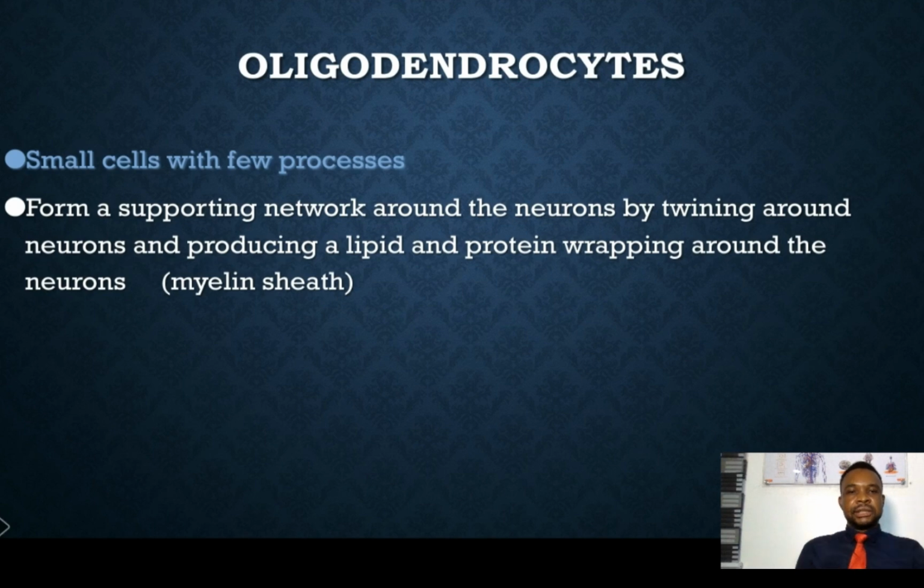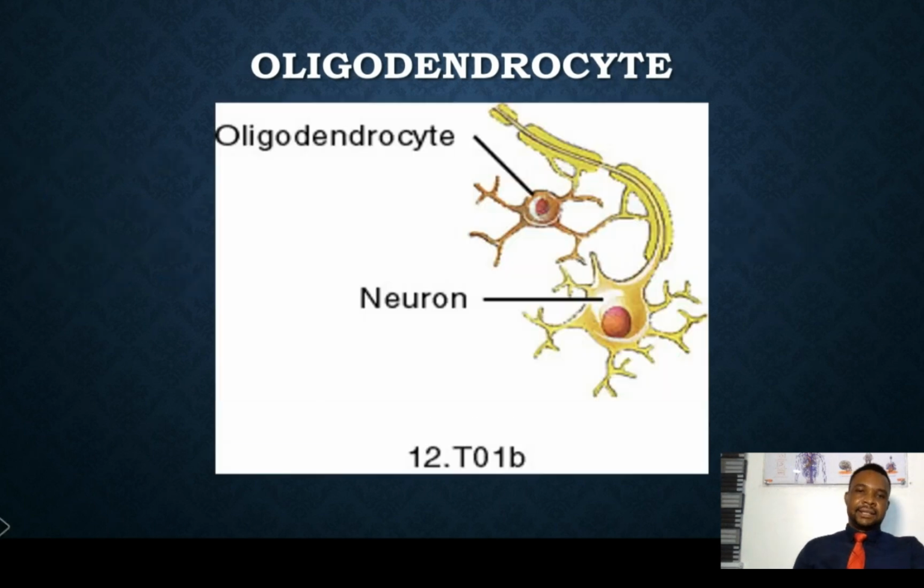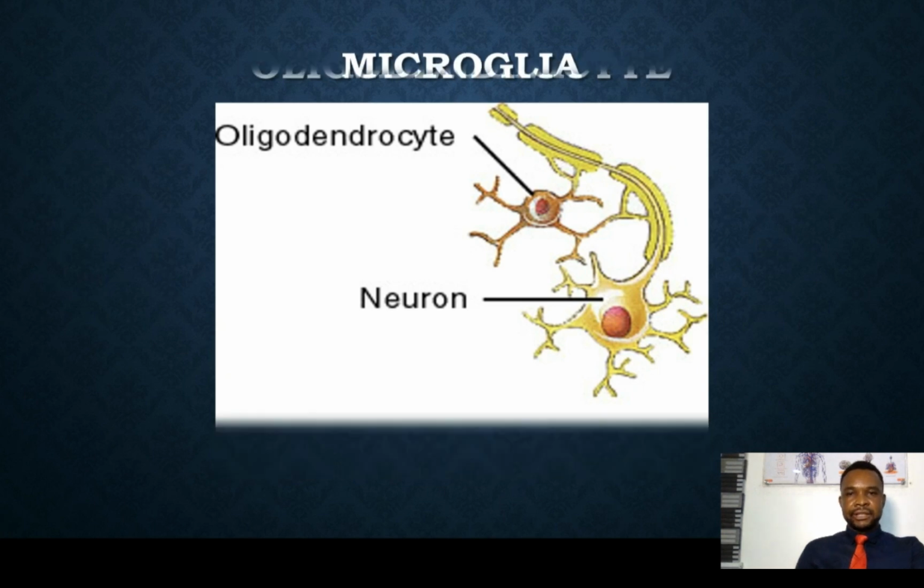This supporting structure they form is called myelin sheath. So they wrap around the neuron to ensure proper transmission of impulses along the axonal pathway. You can see the shape of the oligodendrocyte. The processes are very few, unlike the astrocyte.